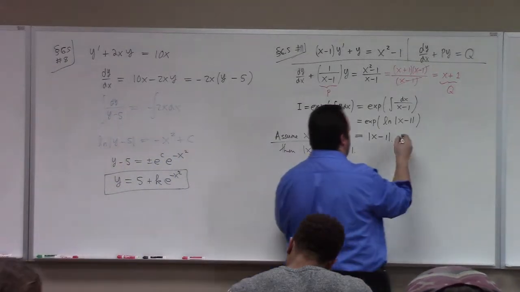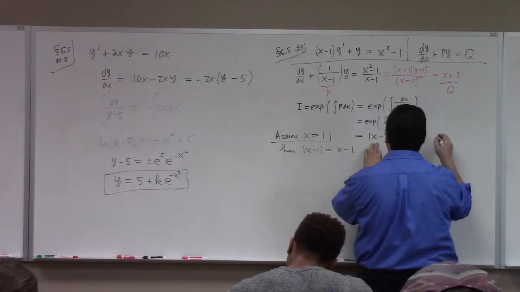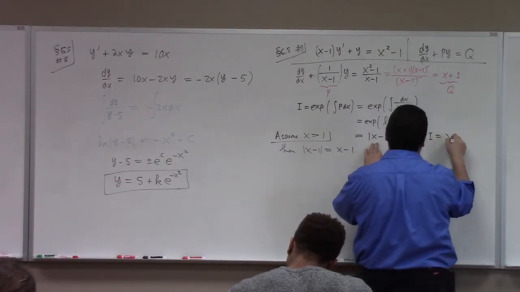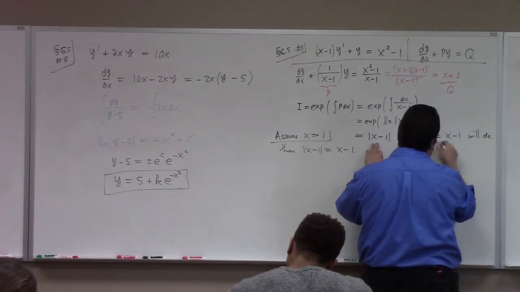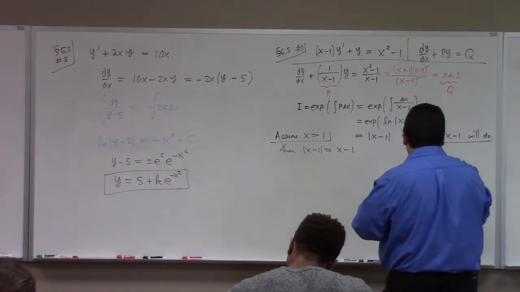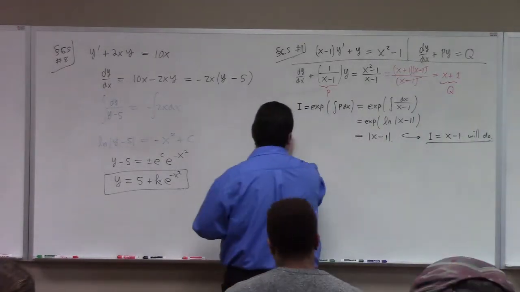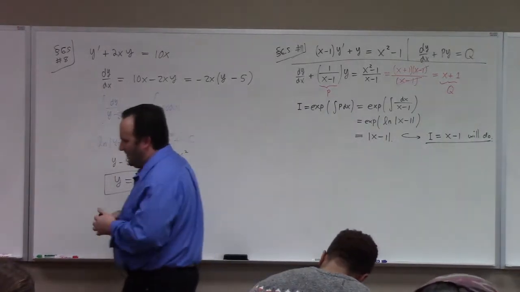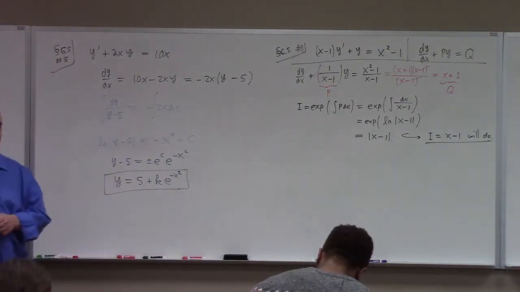Now, let me just say this. I think I have a better way of explaining this. Let's say that this suggests that I equals x minus 1 will do. Okay, so thinking about it for a minute, I can just drop the absolute value. I mean, the ultimate question is, does it work, right?